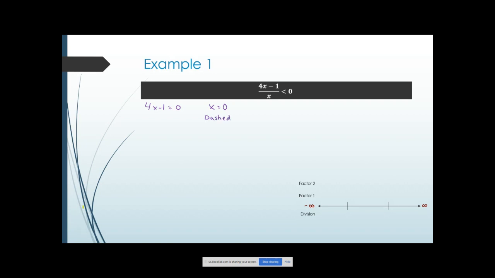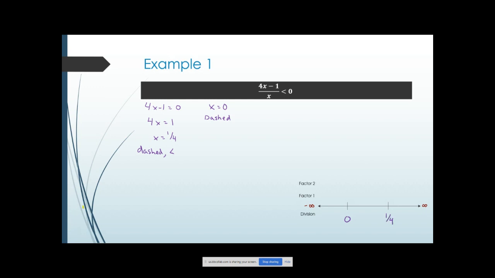Now the 4x minus 1, so when I solve, I'm going to add 1 to both sides, so I get 4x equals 1. And then you divide both sides by 4, so you get x equals 1/4. And this one is also going to be dashed because it's a less than symbol. So I'm going to put on my chart 0, and then 1/4 is bigger than 0.